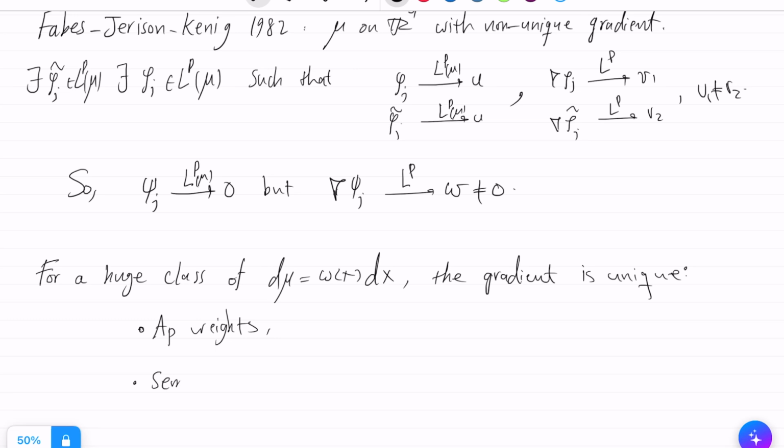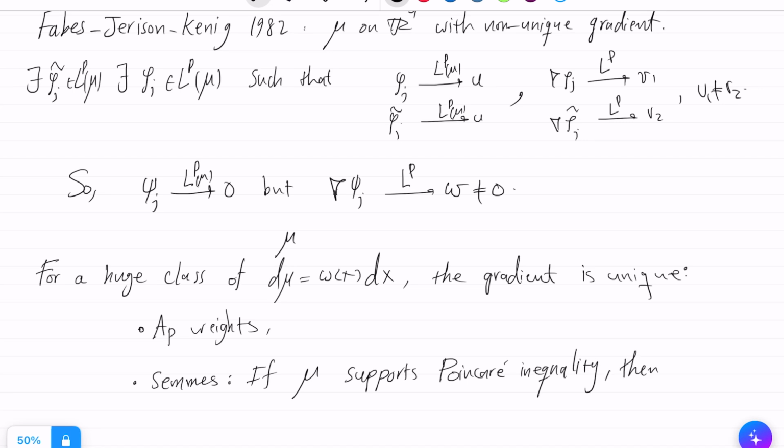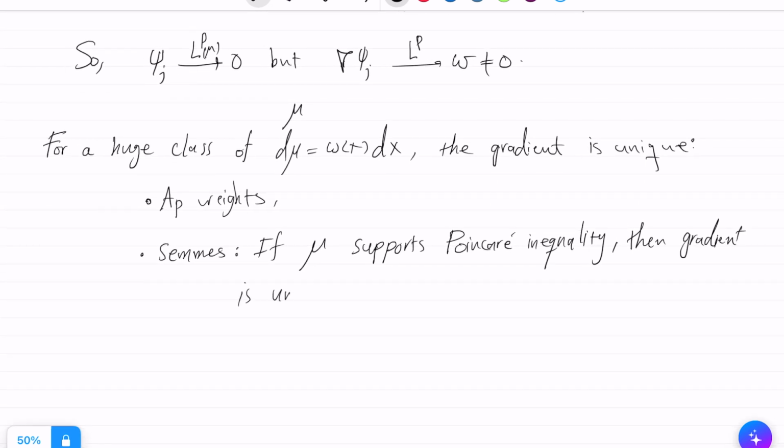And then there is a very important result due to Semmes that if mu is doubling and supports a Poincare inequality in a precise sense, then the gradient is unique. In the modern terminology, this means for P-admissible weights, this uniqueness of gradient does hold.